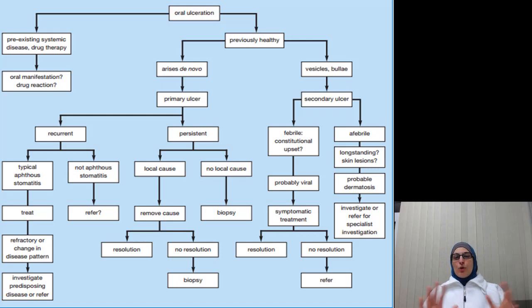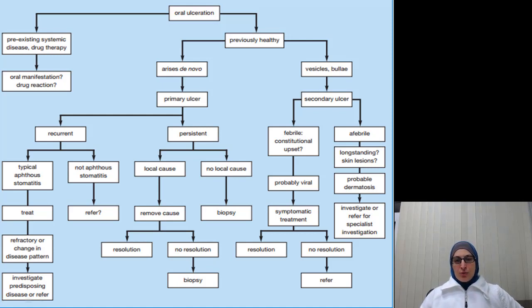So to conclude our lecture today, we talked about oral ulcerations and the 3 keys of success to make a diagnosis: proper history, proper examination, and investigations when needed. I talked to you about recurrent aphthous stomatitis in detail, its etiology and treatment, and some of the RAS-like ulcers, or conditions that develop RAS-like ulcers, and focused more on Behçet's disease.